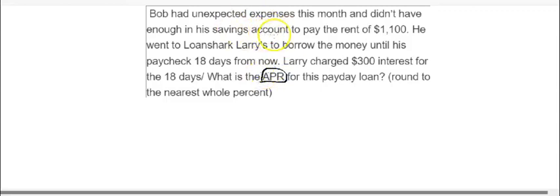Okay, so for this problem, hopefully none of us is going to run into this situation down the road, because as I'm looking at this problem right now, that's a really expensive loan. Bob had unexpected expenses this month and did not have enough money in his savings account to pay his rent, $1,100.